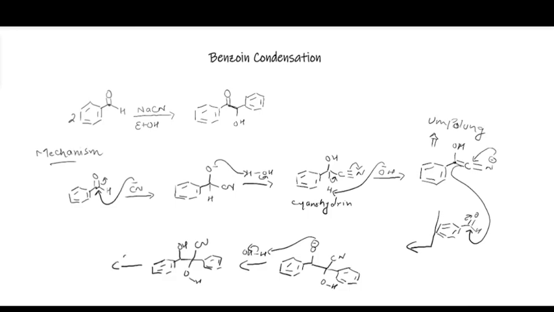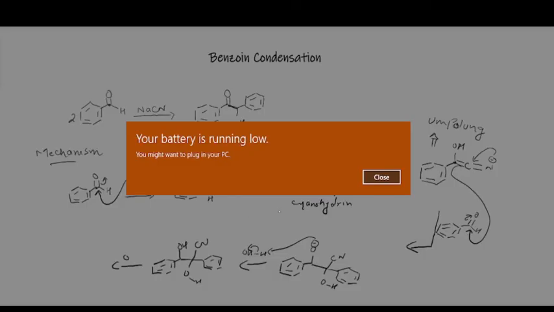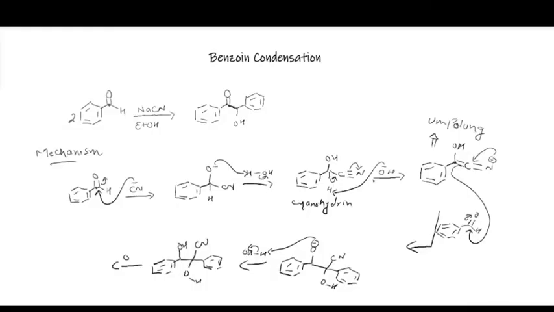This hydroxyl then abstracts a proton from this oxygen, restoring the carbonyl with the release of this cyanide group. And what we have as a result now is the formation of benzoin, which looks like this.